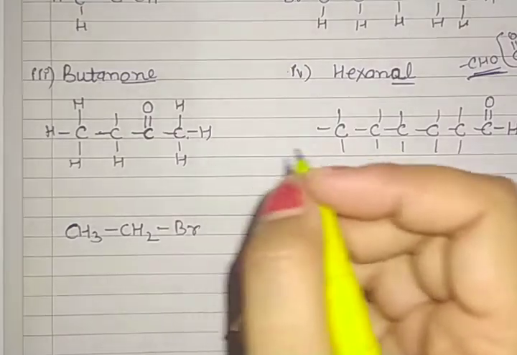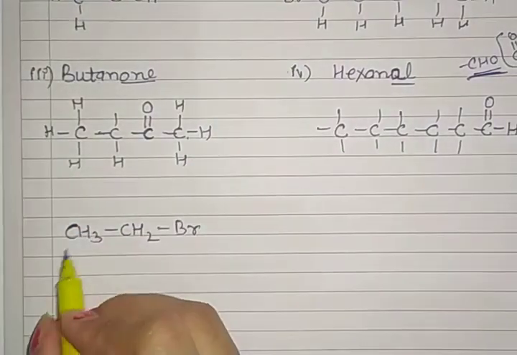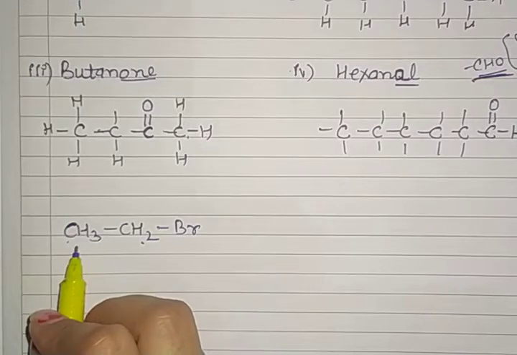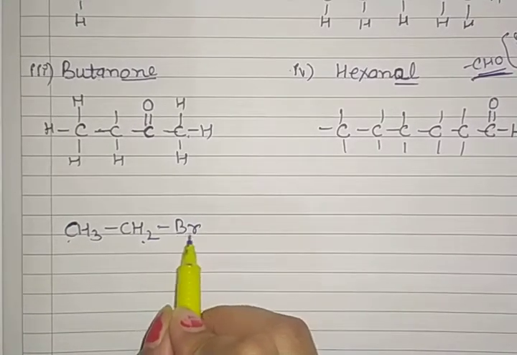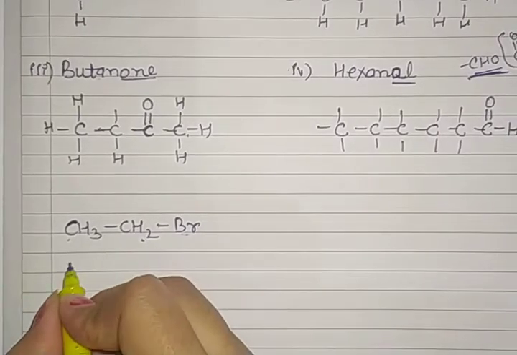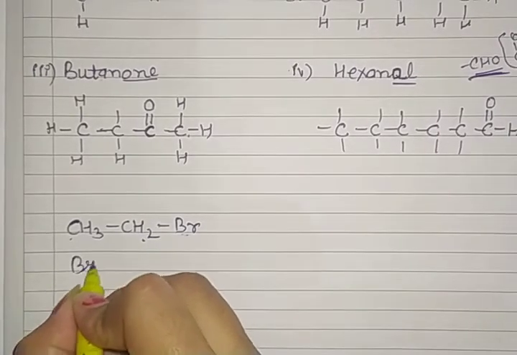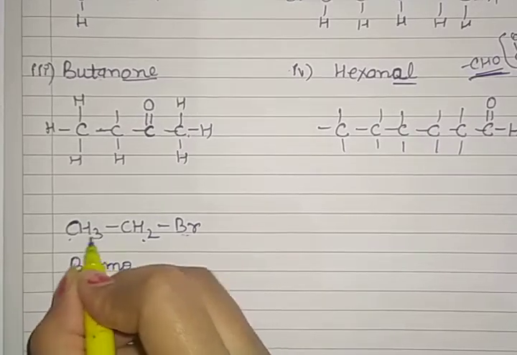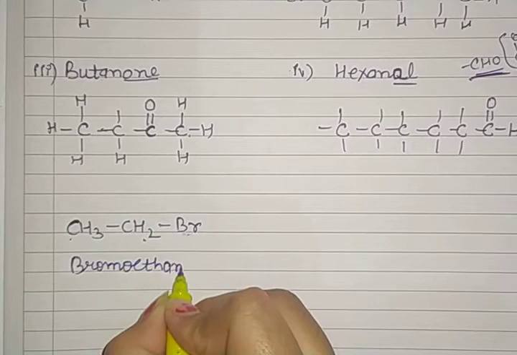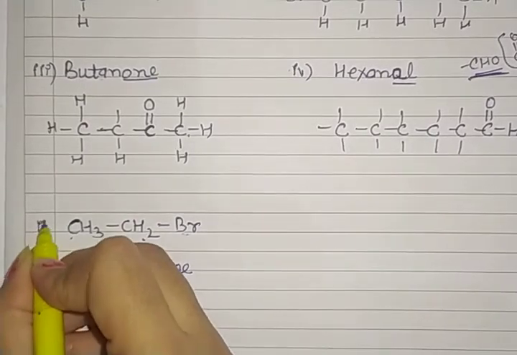As you can see, we have 2 carbon atoms, that means eth, and bromo is attached. Remember that when writing the name, first of all I write bromo. So bromo, then for 2 carbons eth, and a single bond is present between carbon and carbon, so bromoethane.